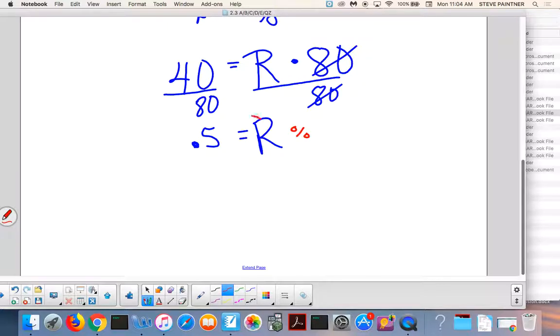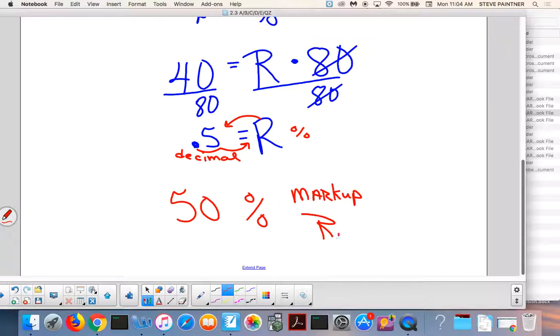I've always told you when you solve equations, you get the decimal version of the answer. So what's the percent? Always move it 2 to the right. 50%. 50% markup rate.